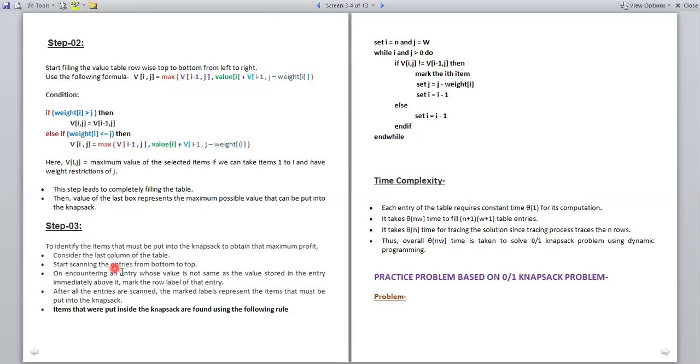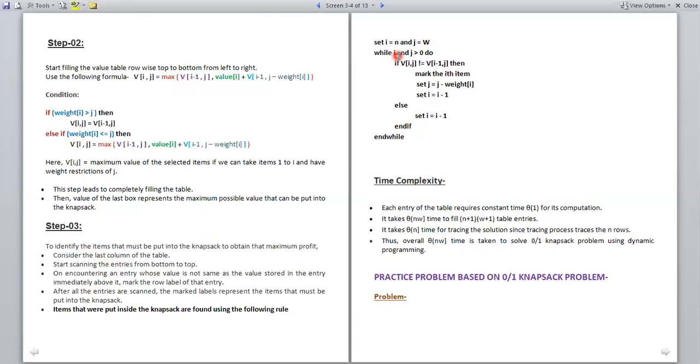In step 3 we find out which items we will select to get the maximum profit, applying this formula. The formula is i equal to n and j equal to w, that means n is the maximum number of items and w is the size of the knapsack.